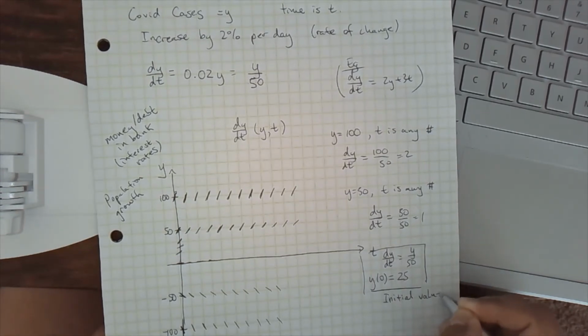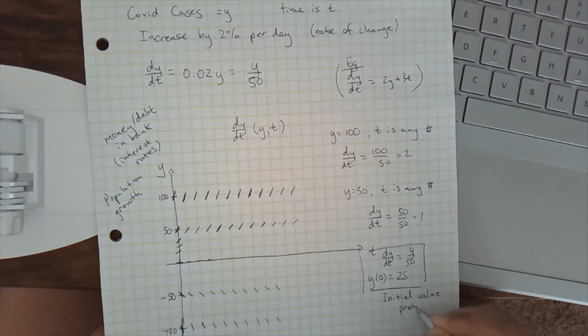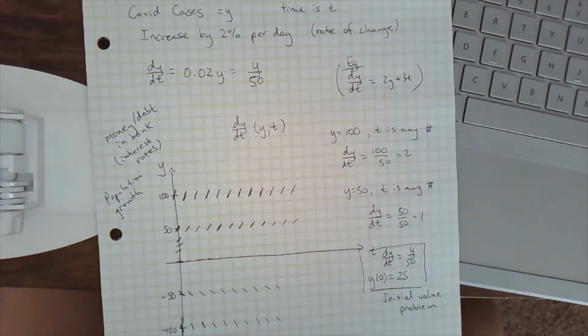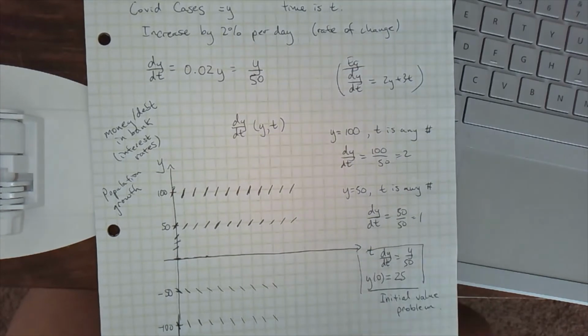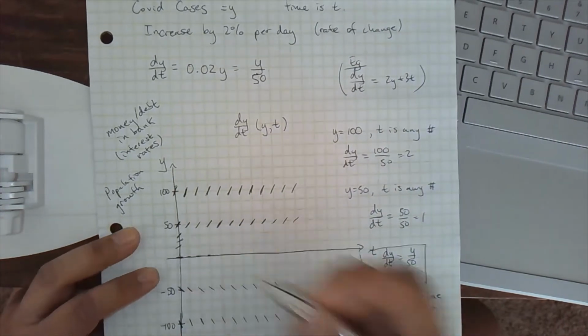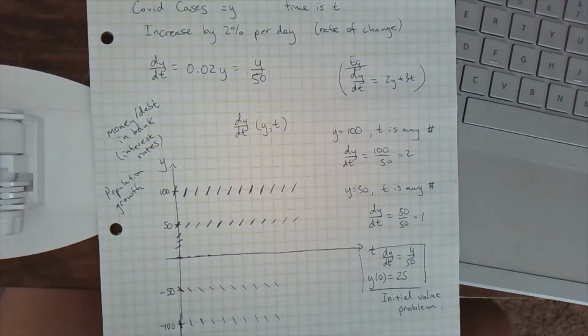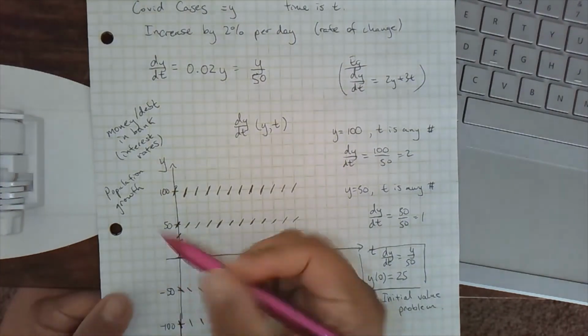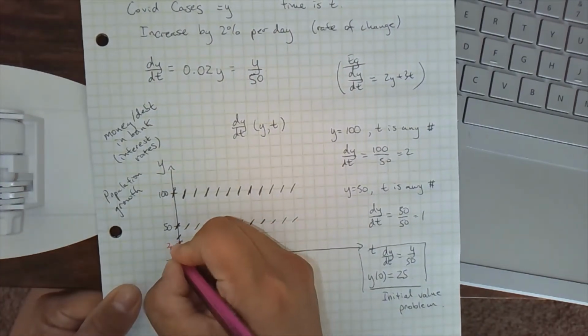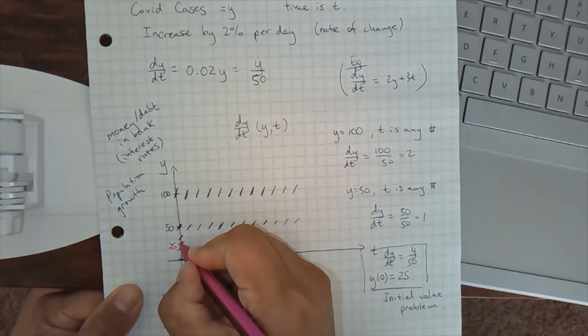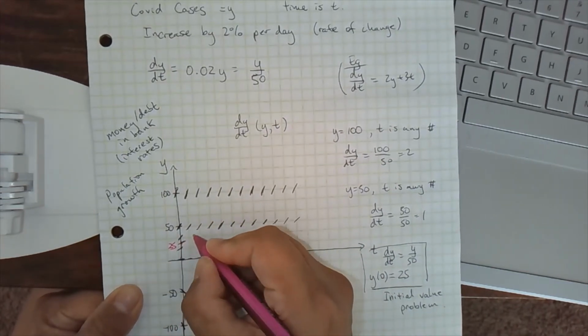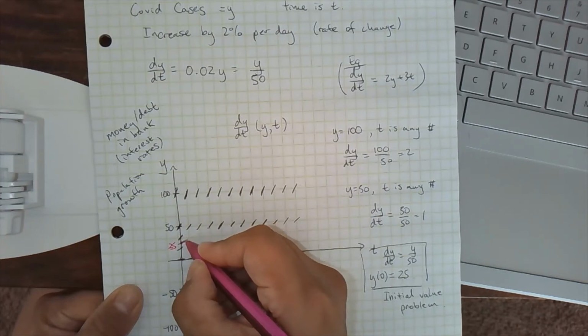And once we have an initial value, we can get a complete solution. This is a little bit like when we integrate and there's a plus c. It's not really a definite solution unless we know what a point on the graph is. That's like this thing. We have an initial value. Okay, and then I'm going to do this in a different color. So here's y equals 25, and I'm just going to trace this slope, and at every point there's a little line, right?